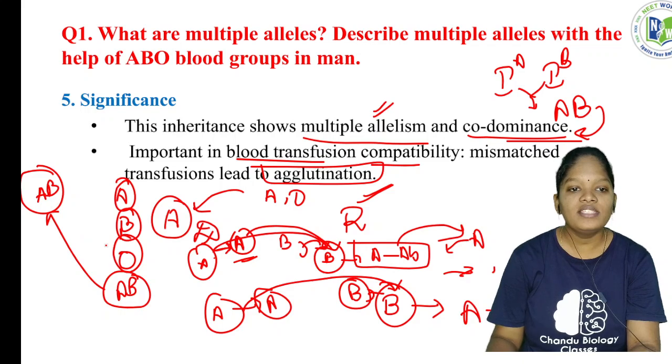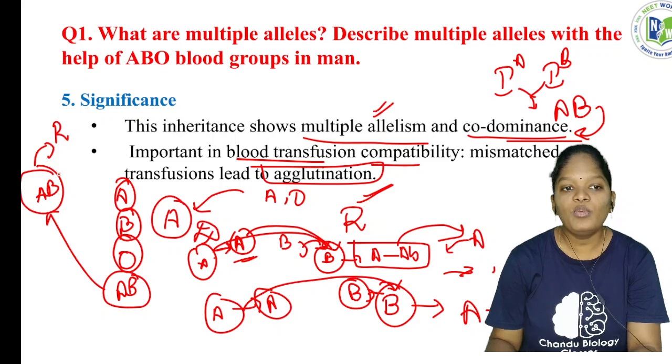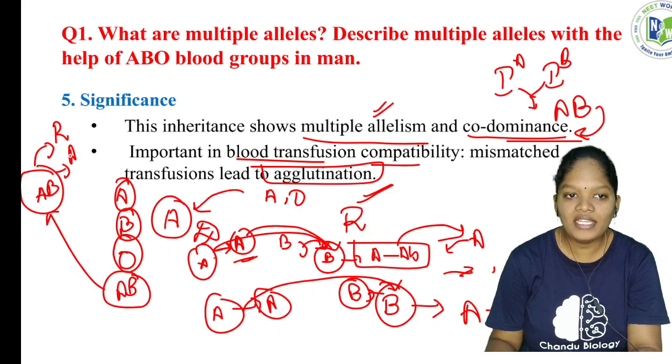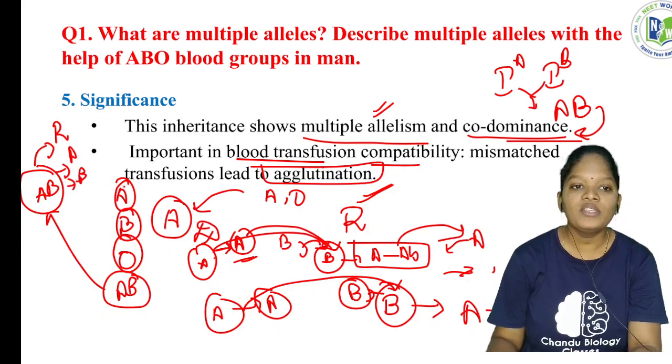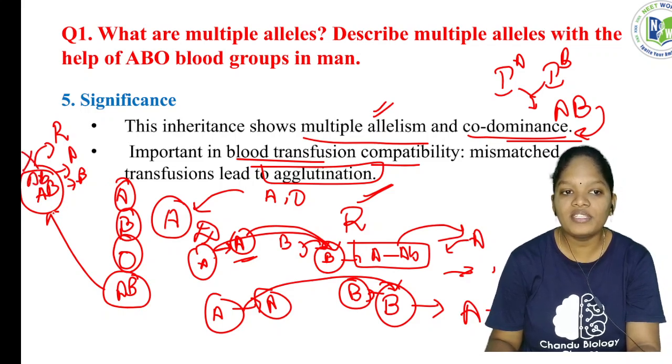This is a person having an AB blood group and he is a recipient. Now what will be the antigen present in this body? Both A antigen and B antigen are present. So there will be no antibody present here.